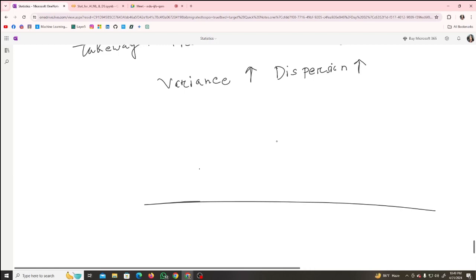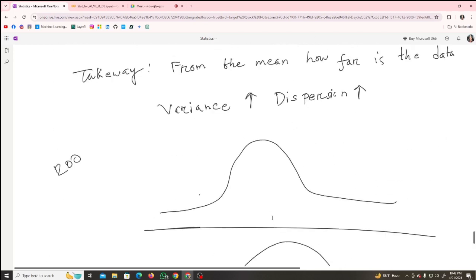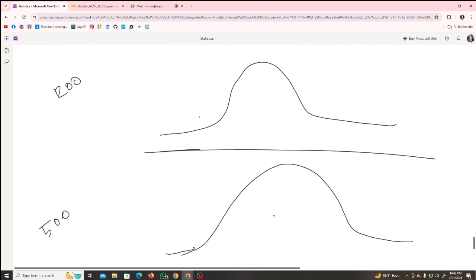Suppose your variance is like 200, and it's like this, and your variance is 500. I'm just giving some random values, okay? And it's like this. So by this, you will understand that with 200, the data is tightly around the mean, the data lies more in the mean.